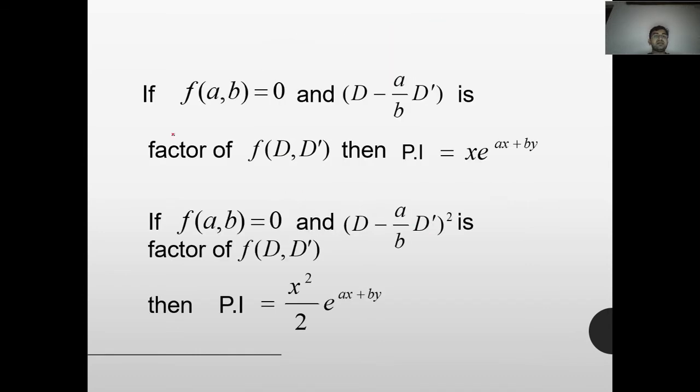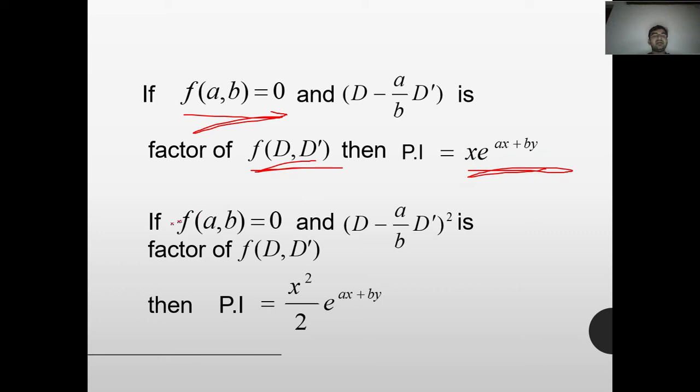Next, if f(a, b) is equal to 0 and (D − (a/b) D') is a factor of f(D, D'), then the particular integral is equal to x into e raised to (ax + by).